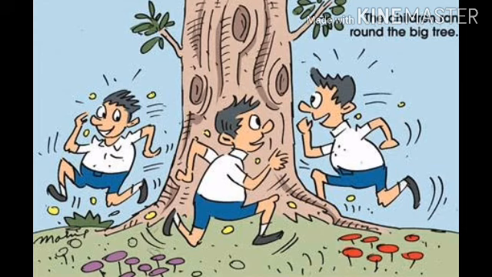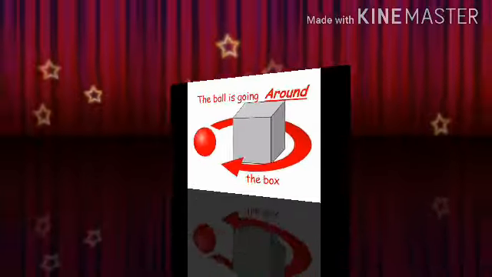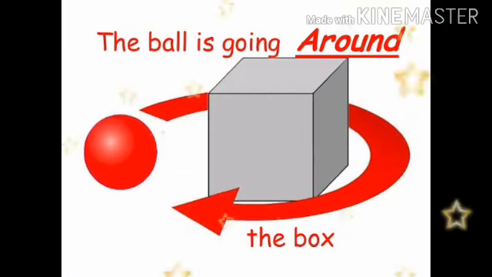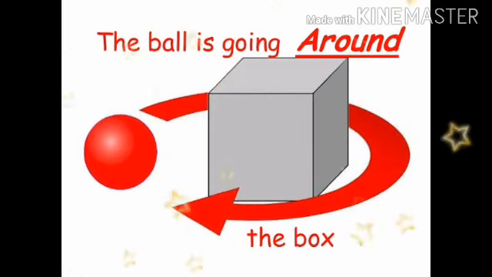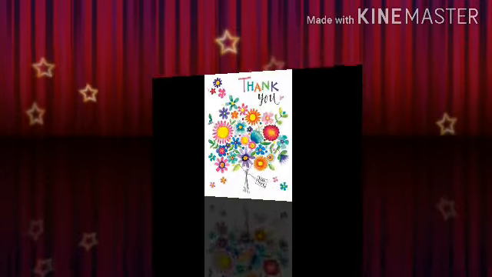If it is not in a circular path, then what to use? For that, we have around. Now you can see in the picture, the ball is going around the box and the ball is not in a circular shape. It's not in circular form, though the ball is passing its sides. I hope this point is clear.